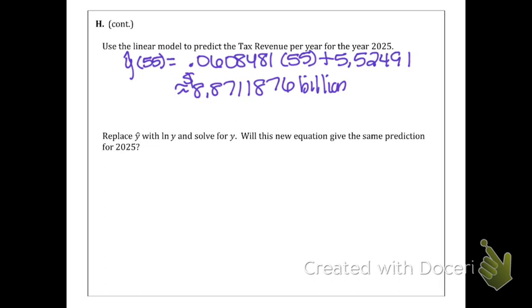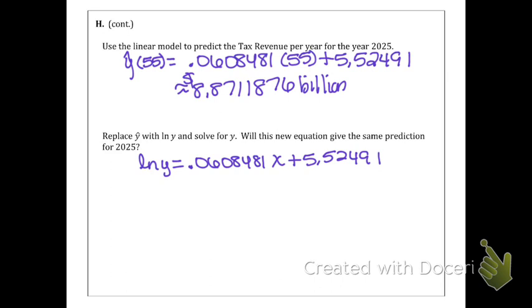All right, replace y hat with the natural log of y and solve for y. Will this new equation give the same prediction for 2025? So we know that this is just the natural log of y is equal to our equation. And so we're going to do like we did earlier.